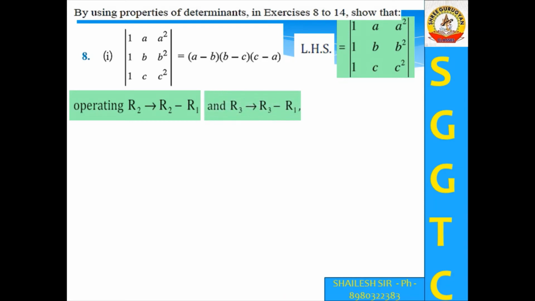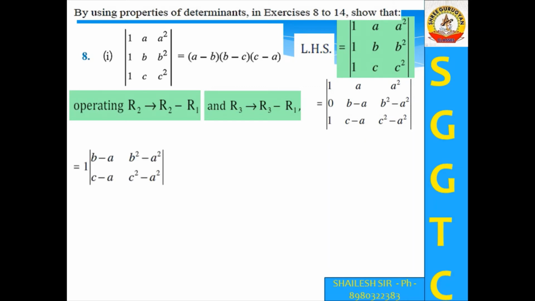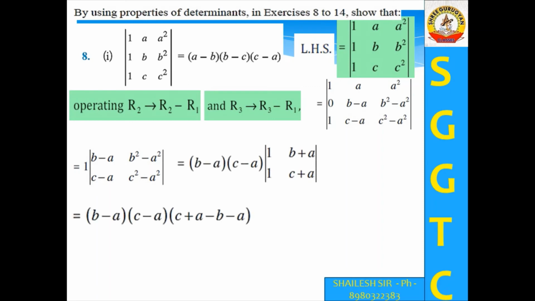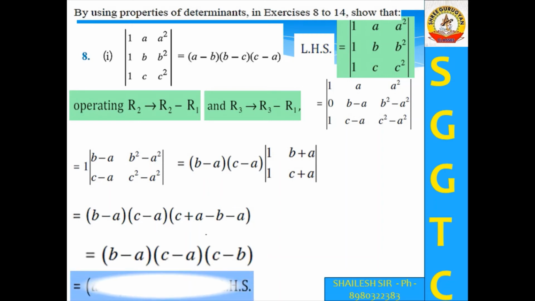See here, a minus a is 0. Either this minus is also 0. Either second row subtract from first row, or third row subtract from first row. So anyone you operate as you like, students. It's very simple. Now operating R2, R2 minus R1. So what is R2 minus R1? It's 0, and R3 minus R1, this is also 0. So my answer is a 2.